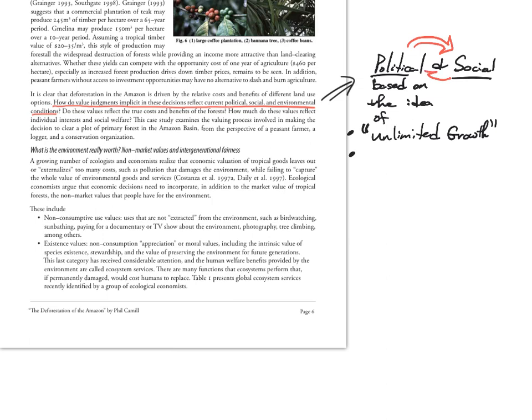So the social aspect, that the success of the cattle industry, the success of the timber industry, then impacted the political, because those are the people that got elected to office, and that then increased and sustained those incentives that kept the system going. So you have this positive feedback loop that just keeps feeding on itself. So this idea of unlimited growth and then short-term gain.